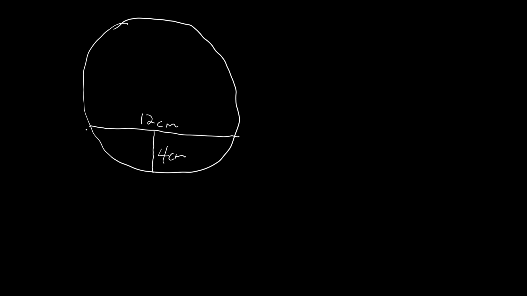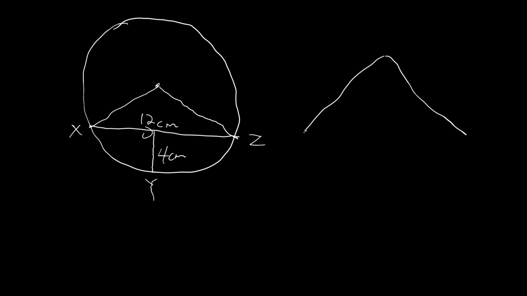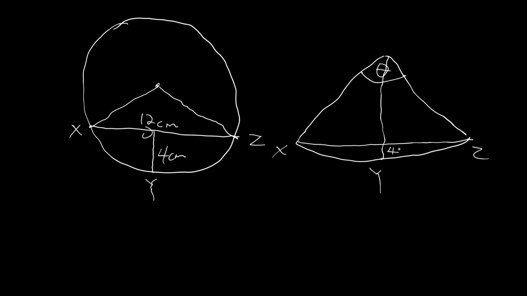And we have our points X, Y, and Z. And this side is O. This will be the center of the circle. So we can extend a line to touch X and extend another line to touch Z. So when we pay attention carefully to the diagram, you have this sector. Now the angle here we don't know, so it will be theta. So here's 4 centimeters and here's 12 centimeters.